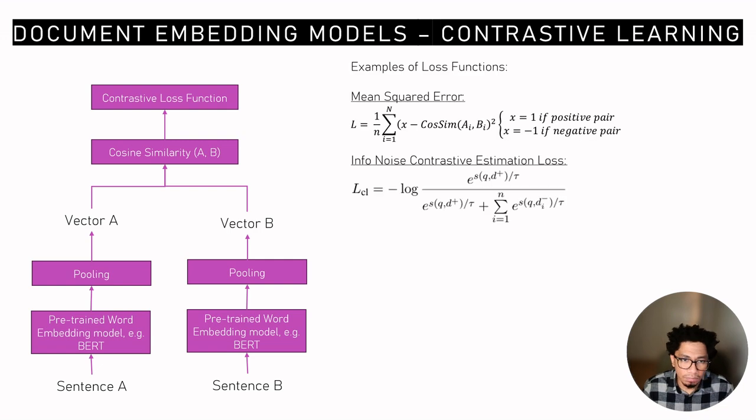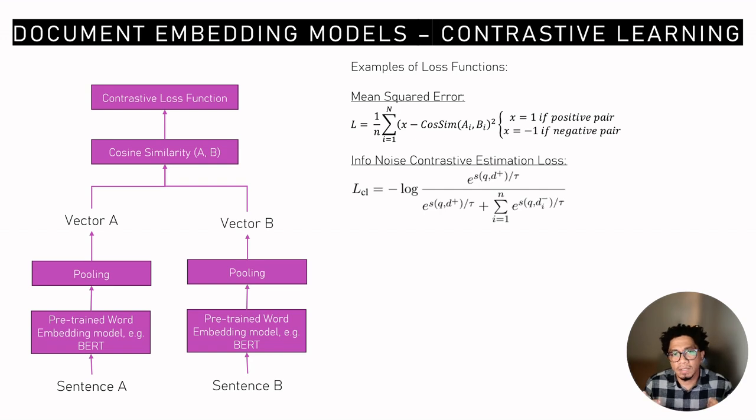So, one example of a loss function is simple mean squared error. So you have, let's just say you have two vectors and they could be a positive pair, which means these two sentences actually mean the same thing. So, for example, I had fun today, or today I had an awesome day, right?